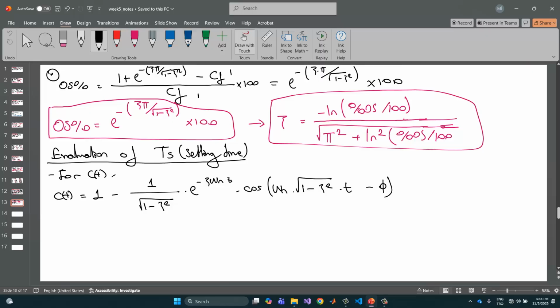But we know it from the diagram. Just remember that. We have this response, and so what is the settling time? Settling time means that we have the steady state value in here, but the steady state value C final is between 0.98 C final and 1.02 C final, okay?